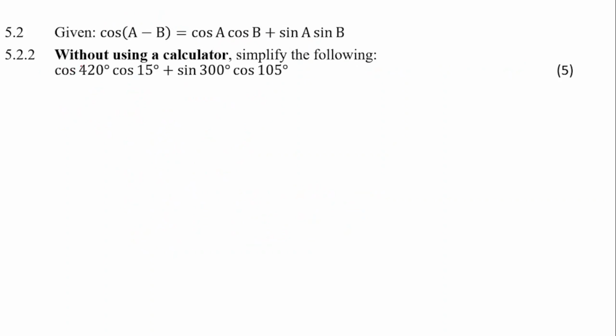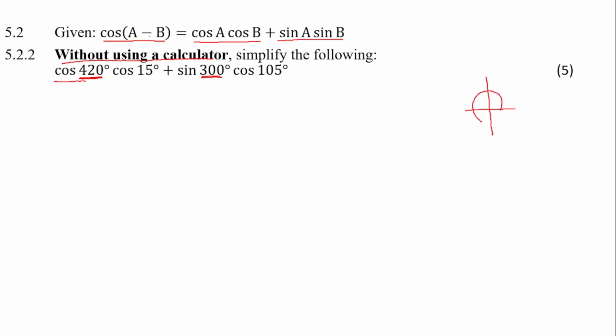Right, 5.2.2. Now without using a calculator, simplify the following. We are given that cos(a minus b) is the same as cos a cos b plus sine a sine b, isn't it? So now we have to use our reduction formula here for these two. Right, 420 is above 360. So what you do, you remove 360 from 420.